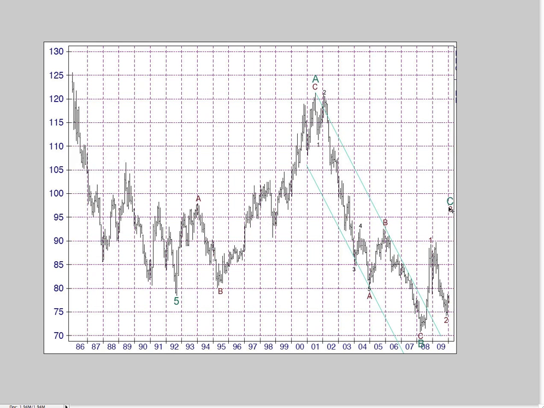Therefore, we can reasonably expect the C wave to end significantly beyond the end of A. That's typically what they do for expanded flats.